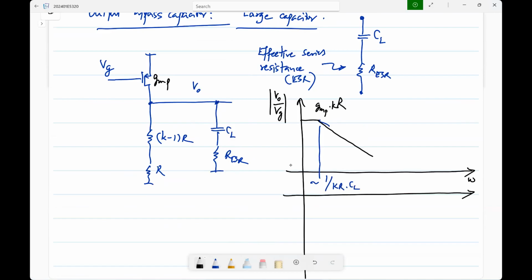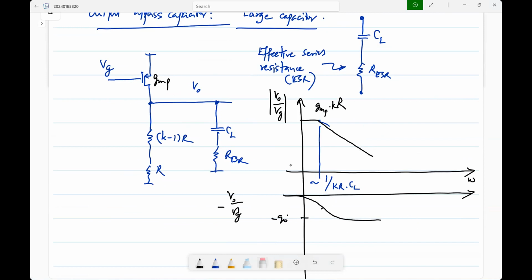And if you look at the phase, the phase will be 0 here, and then it will go to minus 90. Okay. It actually starts from the phase of minus V naught by Vg, because it also has a negative sign. I'll ignore that and write this. So there is a phase lag in this region.